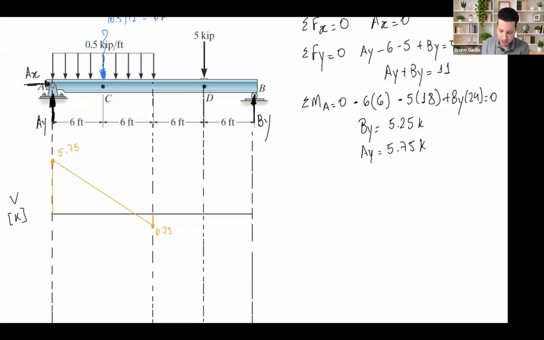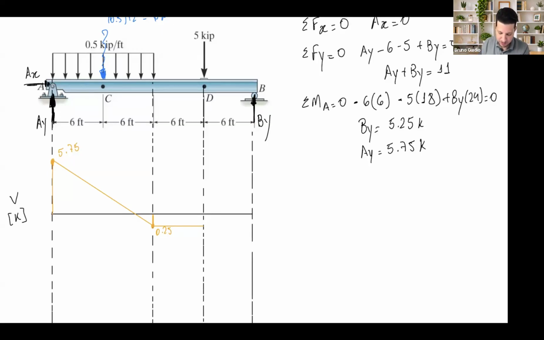I will continue this one here. This part here, I don't have any uniform distributed load. I don't have any load, so I keep straight up to this point. At that point, I do have a load being introduced to the problem, which is 5 kips down.